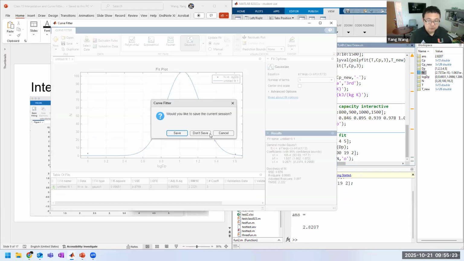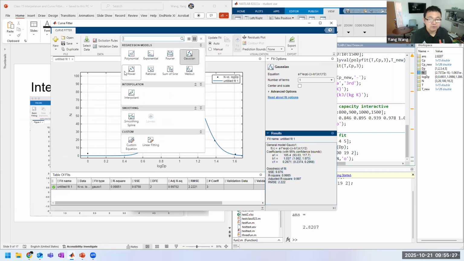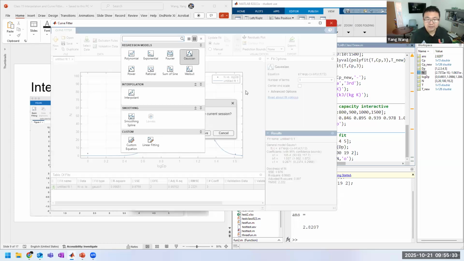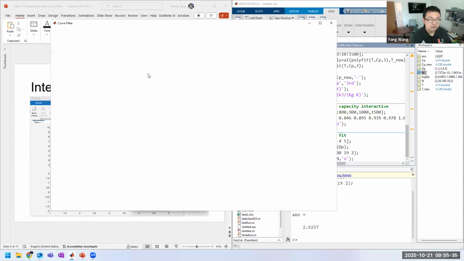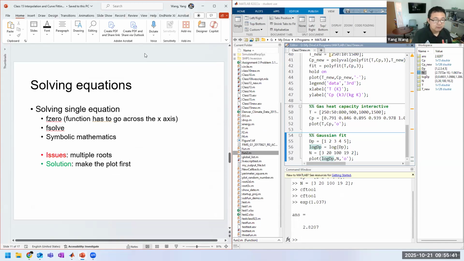Okay, so this is the normal distribution and the log normal distribution. Of course you can also fit it with a power distribution, sum of sine, and so on and so forth. So the CF tool will give you more flexibility when you're trying to fit different types of curves. Okay, so that's it for the curve fitting.